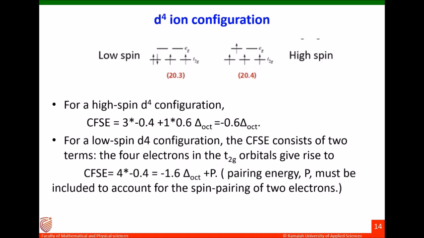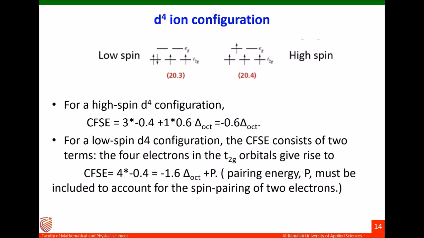But that is not over, plus P, because to occupy that electron in the same orbital, extra energy is required, and that energy is known as pairing energy, P. So for a low spin d4 configuration, the crystal field stabilization energy equals minus 1.6 delta octahedral plus P.